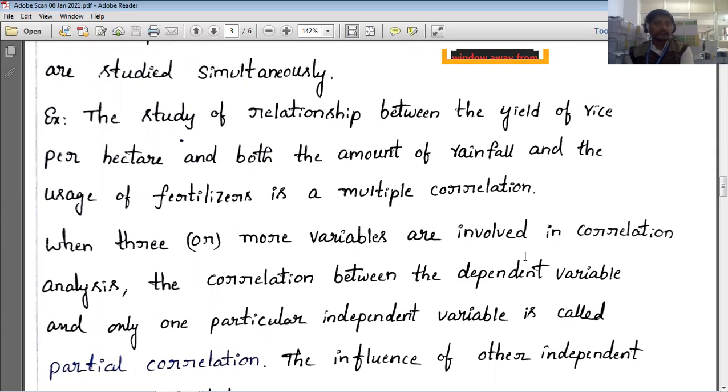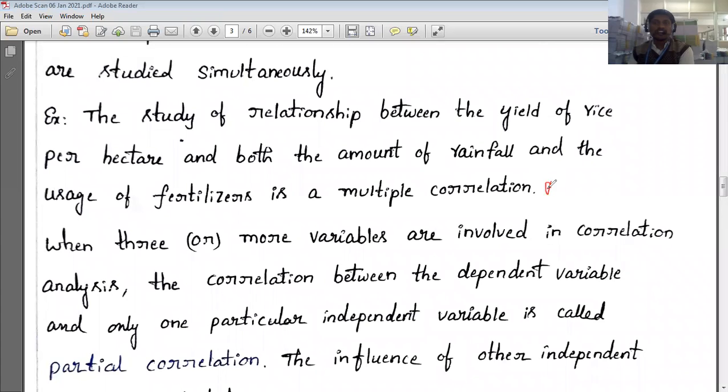What does it mean? Take the previous example: rice is equal to fertilizers plus rainfall. These two are independent. Fertilizer is independent and rainfall is also independent. Does rainfall depend on anything? No. Fertilizers also are not dependent. These two are independent and rice is dependent.